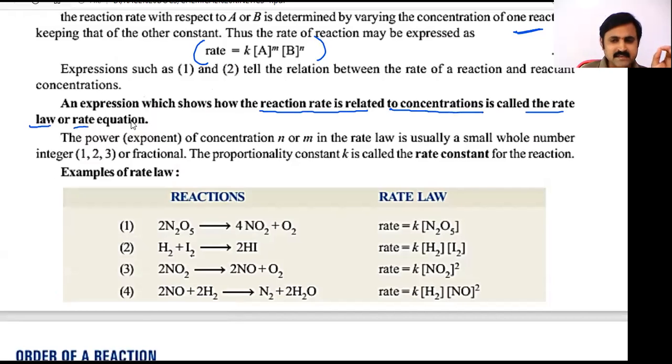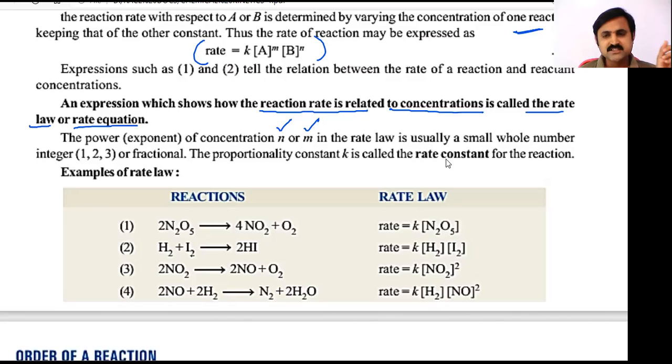Rate law is a mathematical expression that shows the dependence of the rate on the concentration of reactants. Here we have exponents, small n and small m, in the above rate law. Usually they are small whole number integers like 1, 2, 3, or fractional. Later we will call this one important term in chemical kinetics.